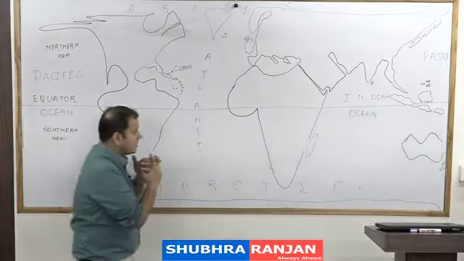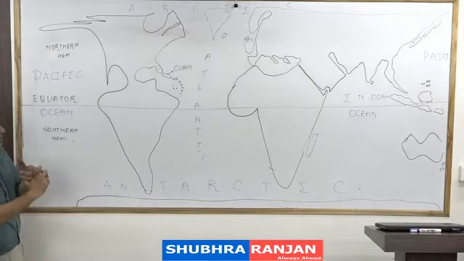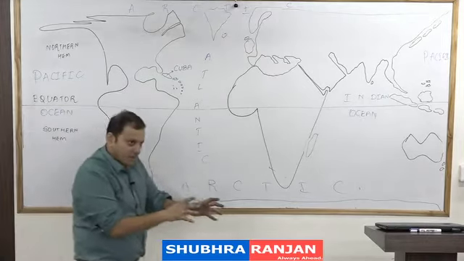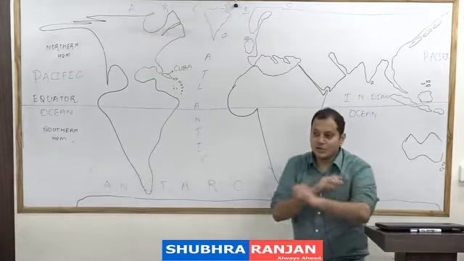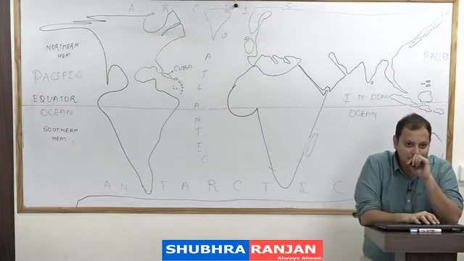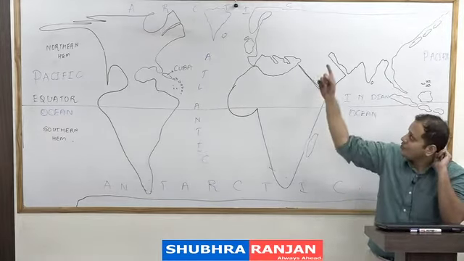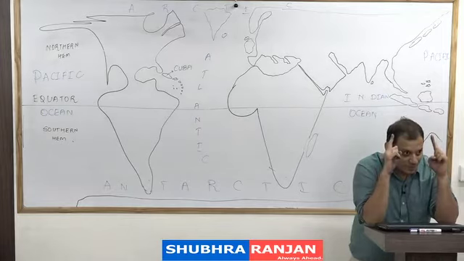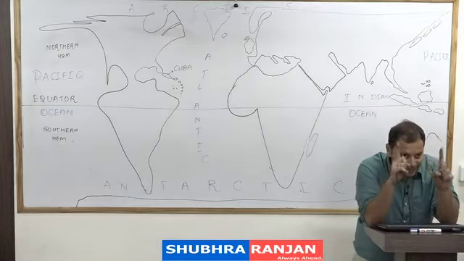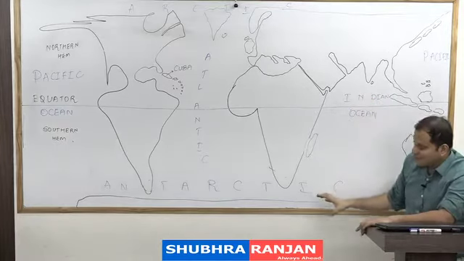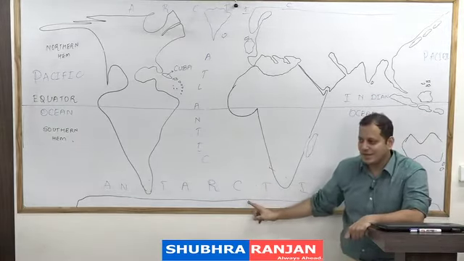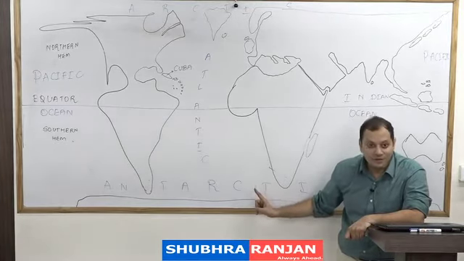Can I make the second conclusion? Though the northern hemisphere is dominated by the landmass, the north pole surprisingly is a water body, the Arctic Ocean. North pole, जो north के top है, it is a water body. Secondly, though the southern hemisphere is dominated by water bodies, surprisingly the south pole is land, the continent of Antarctica.